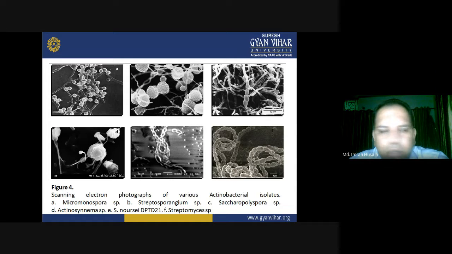And in this image, you can see scanning electron photographs of various actinobacterial isolates.